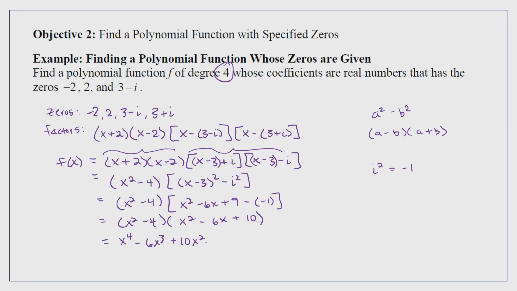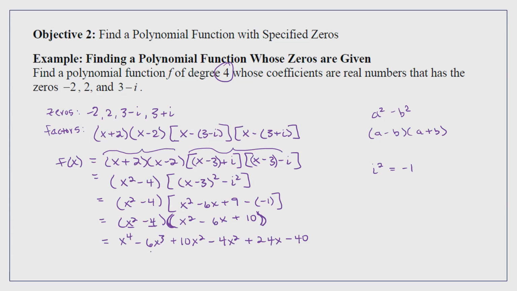Then we'll multiply everything by negative 4, so that's negative 4x squared, a positive 24x, and then a negative 40. So I first multiplied all the terms in the quadratic by x squared, and then I multiplied everything in the quadratic by negative 4.